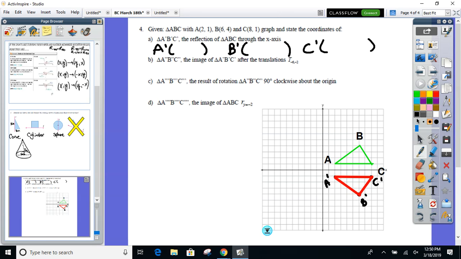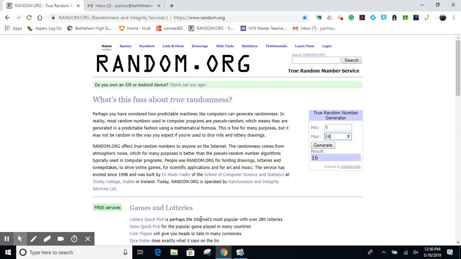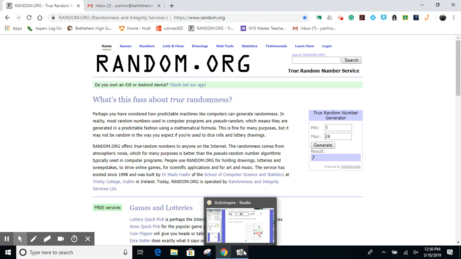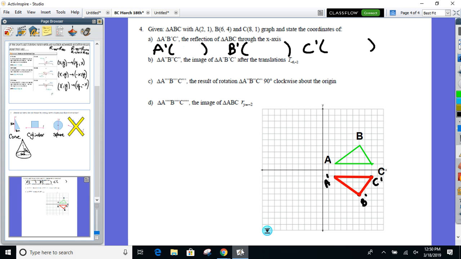All right. On you guys now. What are the coordinates of A prime, B prime, and C prime? Here we go. Anybody in the house? A prime. B prime. And C prime.